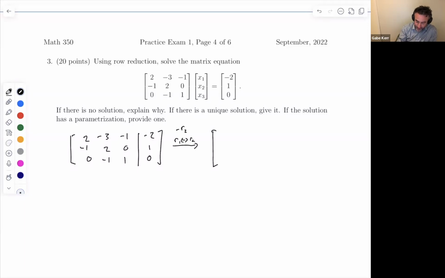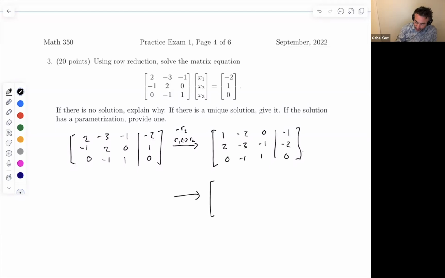I'll do it in that order, top to bottom. So I'll get 1, -2, 0. This is a recipe for making mistakes, doing 2 things at once with the same row. But it's life. What do you want? Okay, 0. I won't do anything here. Okay, great.